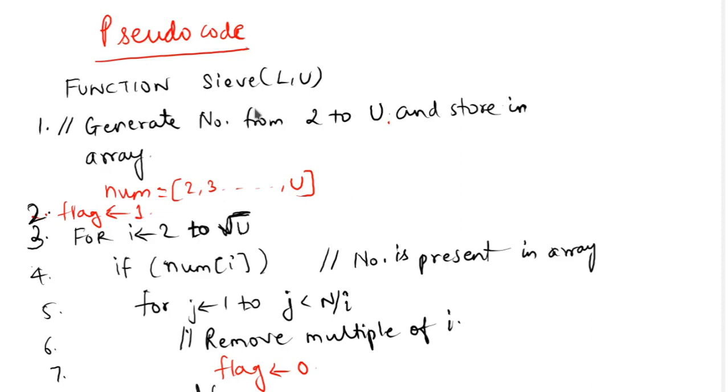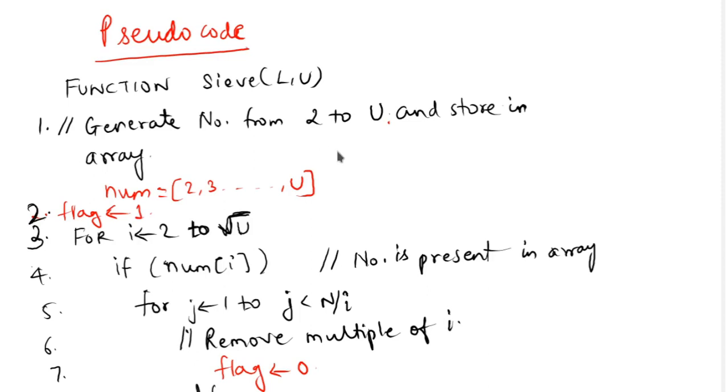As discussed in the last video, for i starting from 2, one factor would be 2, another factor would be U by 2, the third factor would be U by 3 and so on. Hence it will be executed till the square root of U. If the number is still present in the array, then we need to check whether that number has any multiples.